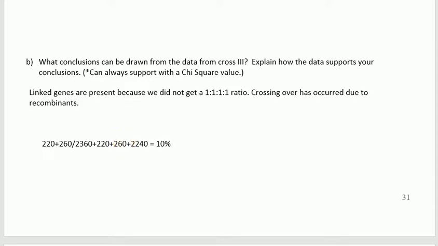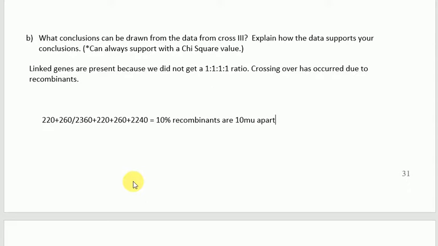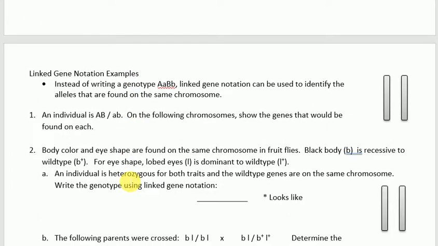So we can also say that the recombinants are 10 map units apart.